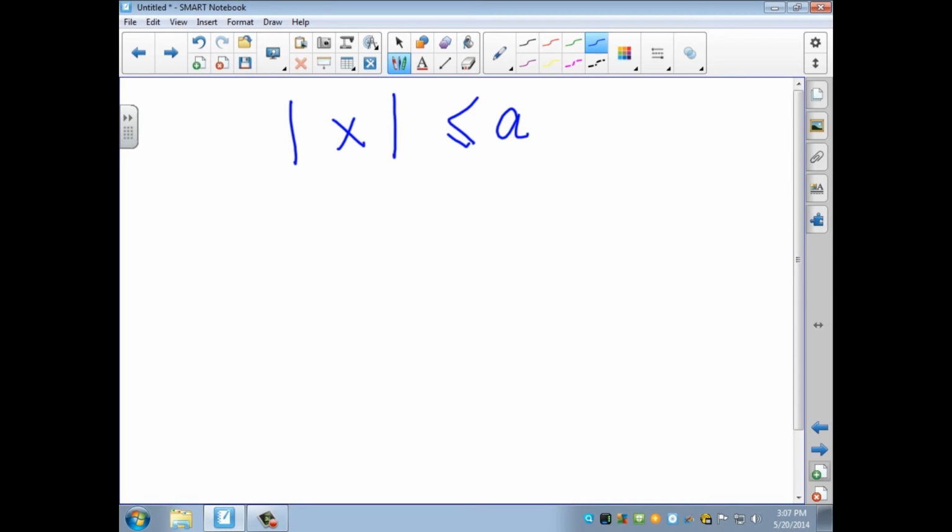So if the absolute value of x is less than or equal to a, that means x is less than or equal to a itself, or x is greater than or equal to minus a.